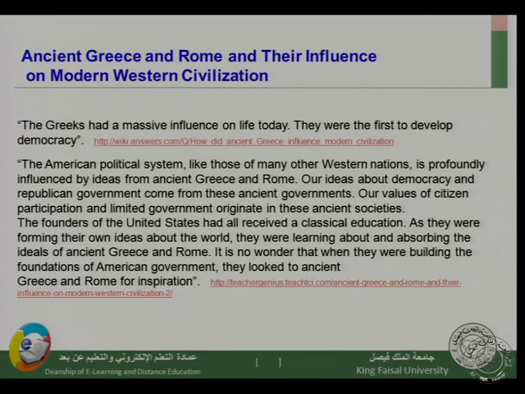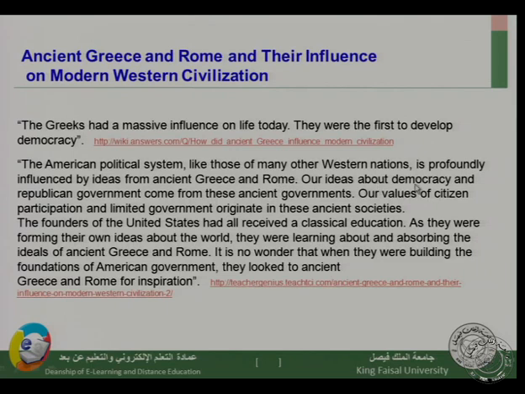So this text stresses the point that American thought, culture, and politics, like other Western nations, you name it, English, German, Italian, are influenced greatly by who? By ancient Greece and Rome.